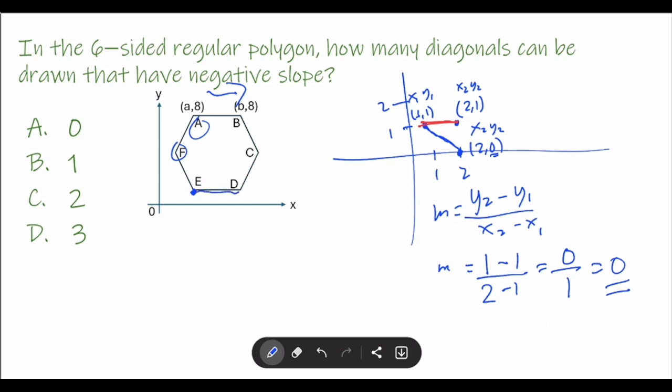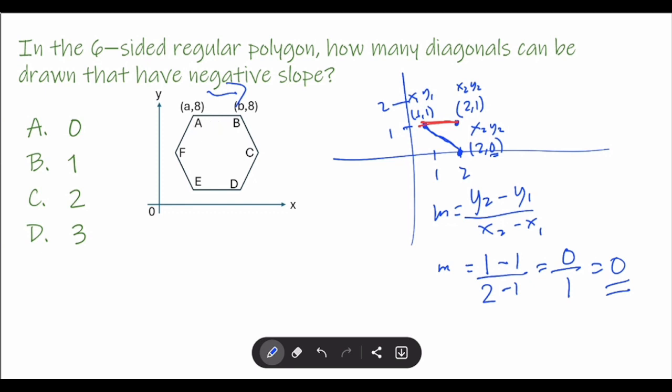It's this, but that is a slope of 0. By the way, m is the symbol for slope. So that is not negative, and the rest are going upwards. In the first place, this is not a diagonal because that's a side. So it's not possible for us to have a negative slope from the vertex E.